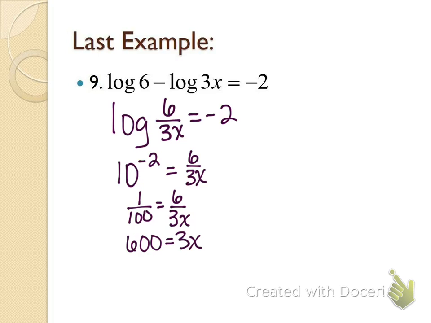You might have heard it said the product of the means equals the product of the extremes. It's the same idea, cross multiplying. And that means my last step is to divide. X equals 200.